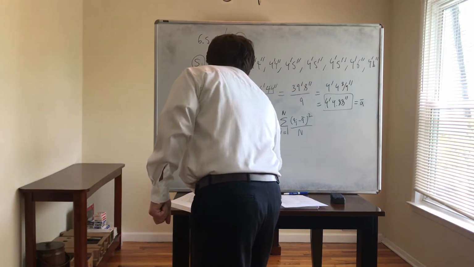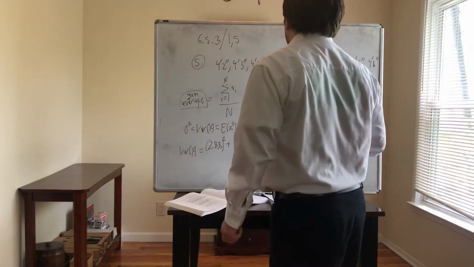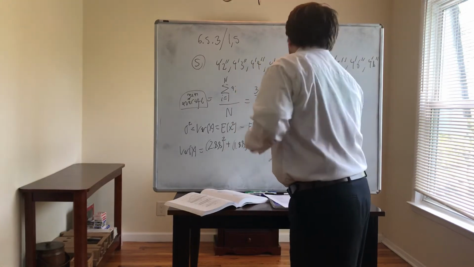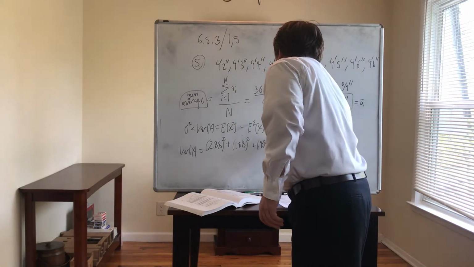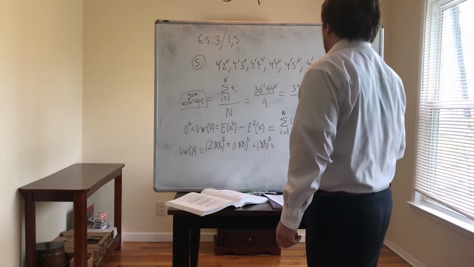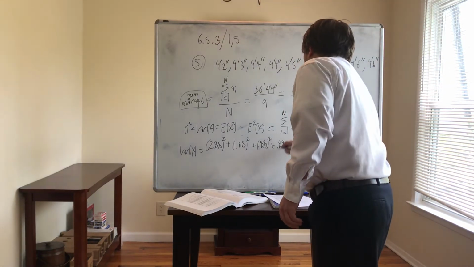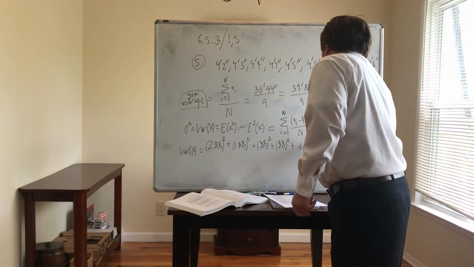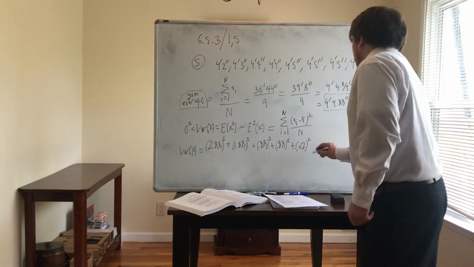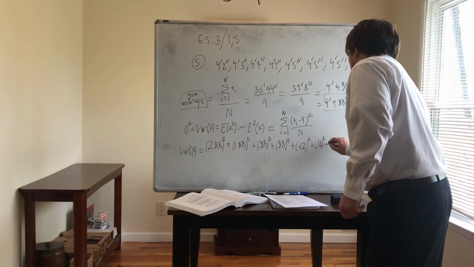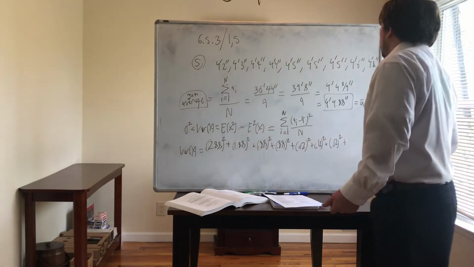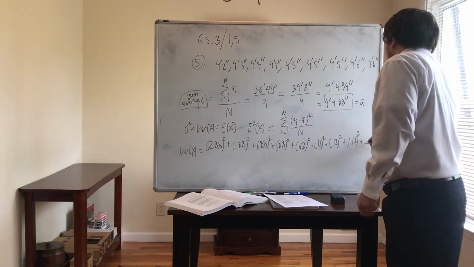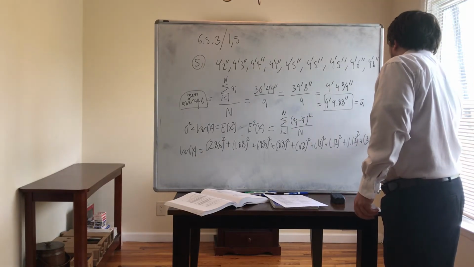So this will be 2.88 inches squared plus 1.88 squared plus 0.88 squared plus another 0.88 squared plus 0.12 squared, and there'll be 3 of those, plus 1.12 squared plus 3.12 squared.